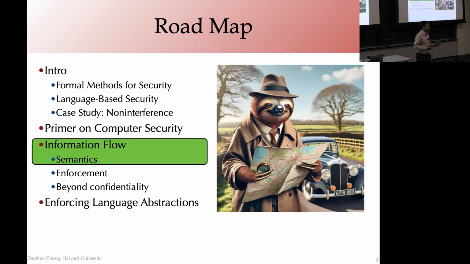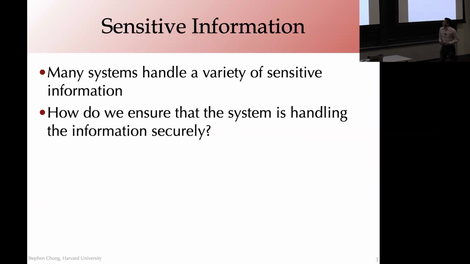Today, though, what we're going to be focusing on is starting to look at semantic definitions of non-interference and other information flow-based security guarantees. Just before I jump into that, though, let's go over again what the motivation is for non-interference-like guarantees.